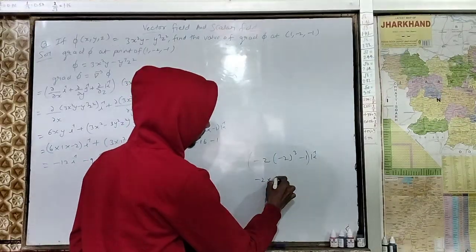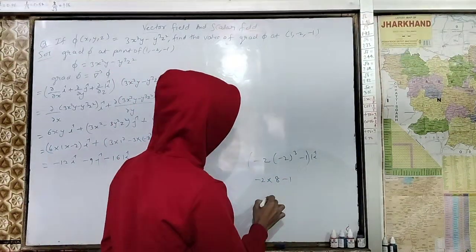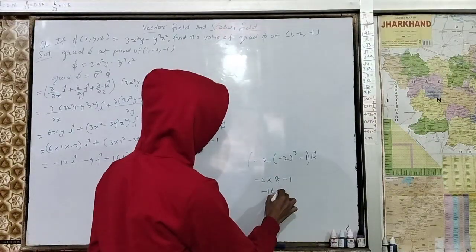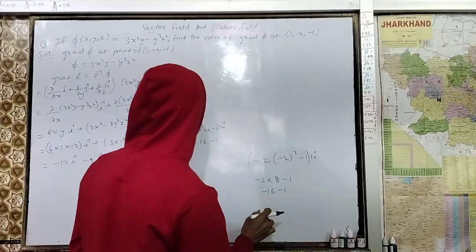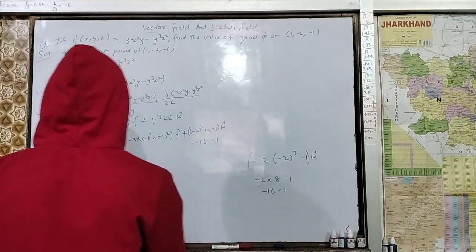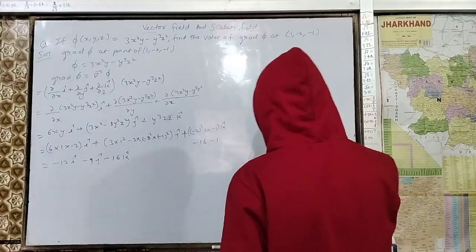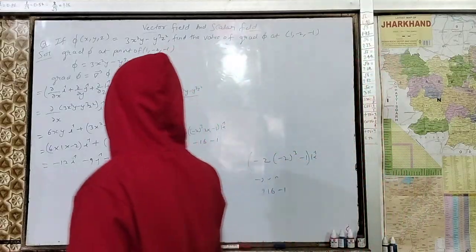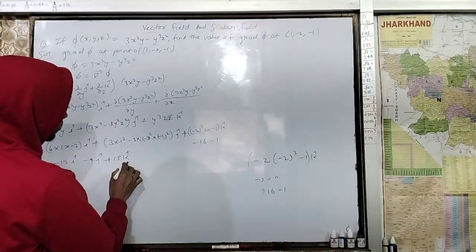Minus 2 multiplied by 8 minus 1 minus 16 minus 1. So yes, this should be positive, plus 15. This should be plus 15k.